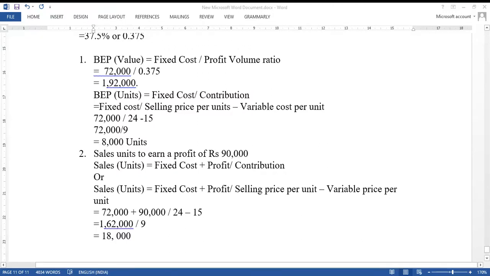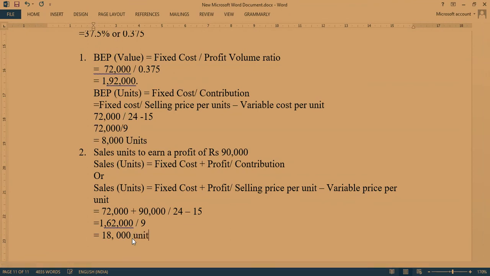Hold on, let me cross verify. Yes, it is correct. 18,000 units.